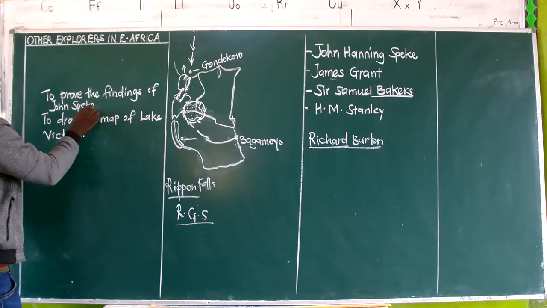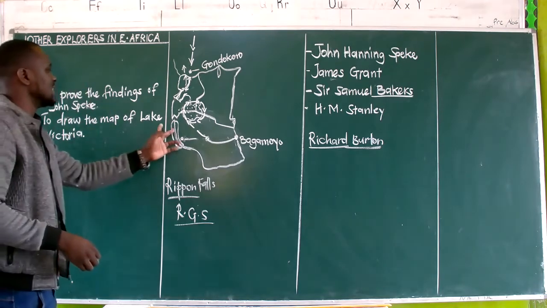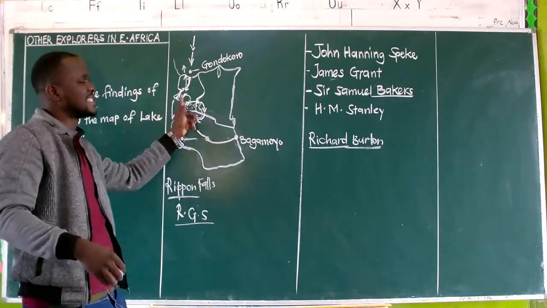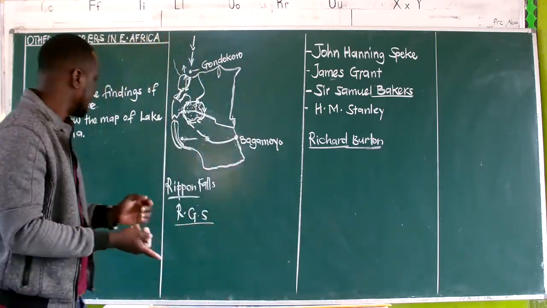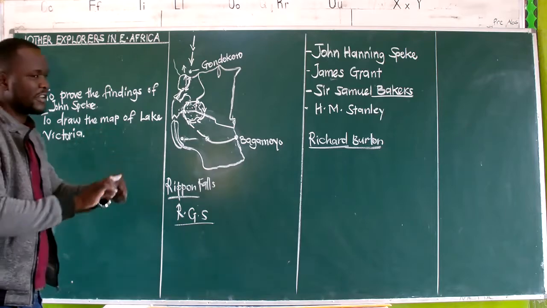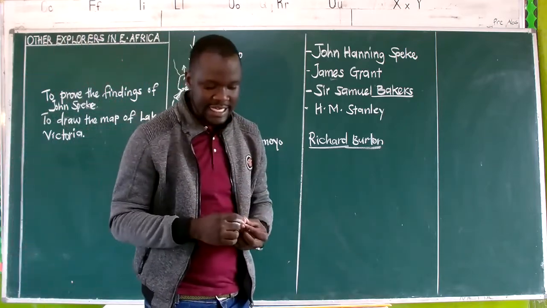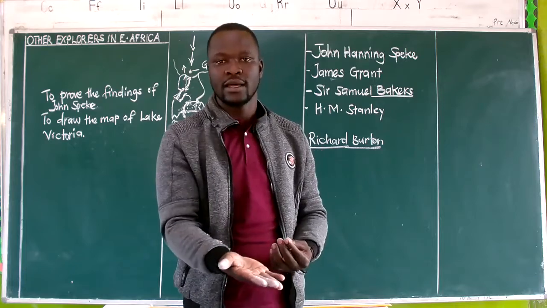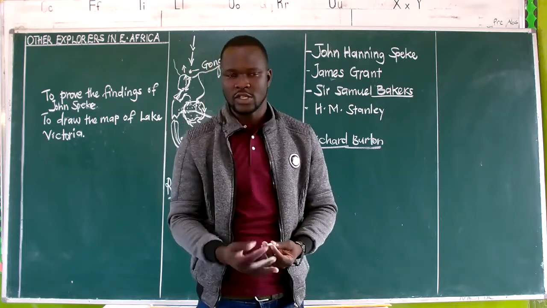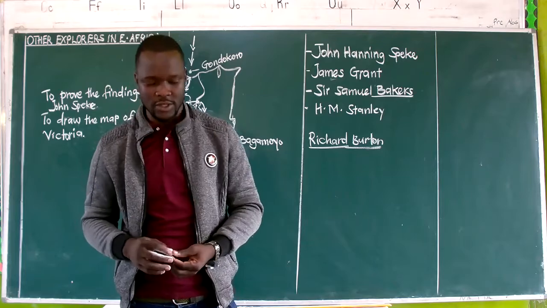And then the other next question we are saying, why then did he circumnavigate? Why did he sail around the lake? And we have said he sailed around the lake in order to draw the map of that lake, such that he could present even the map, saying that it's true, even the map is here, which I captured for that lake. So that is what we need to understand in these questions.